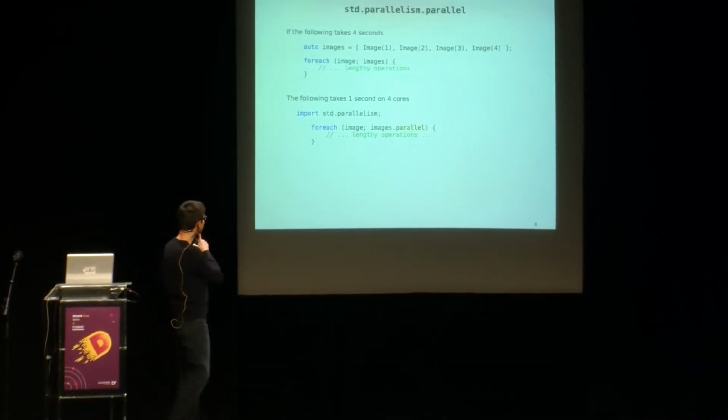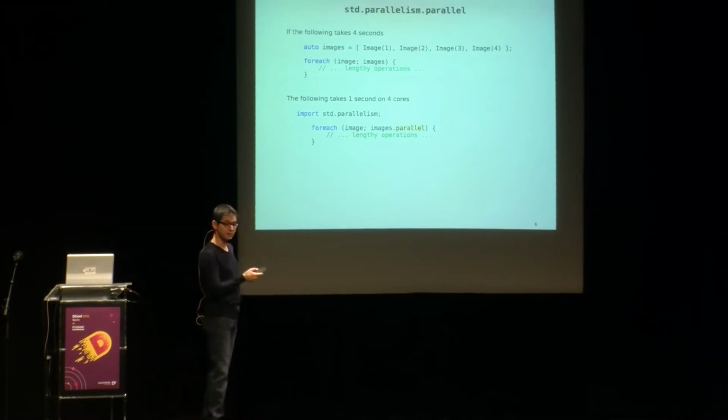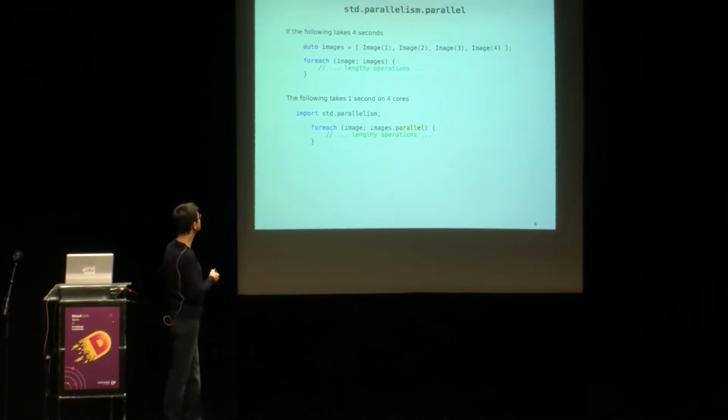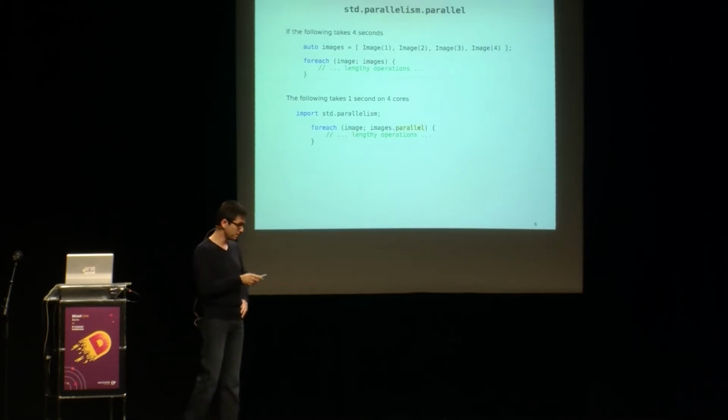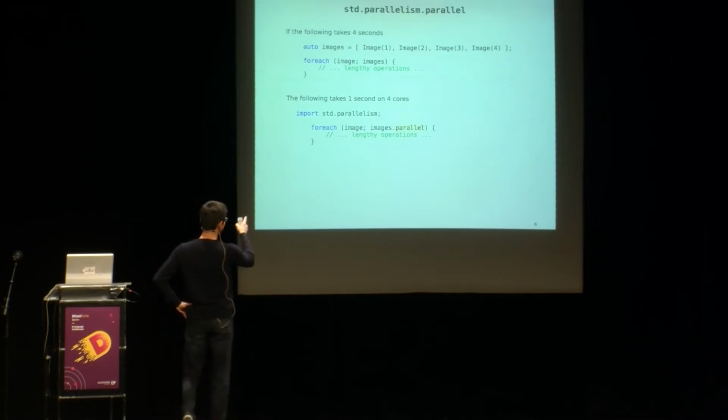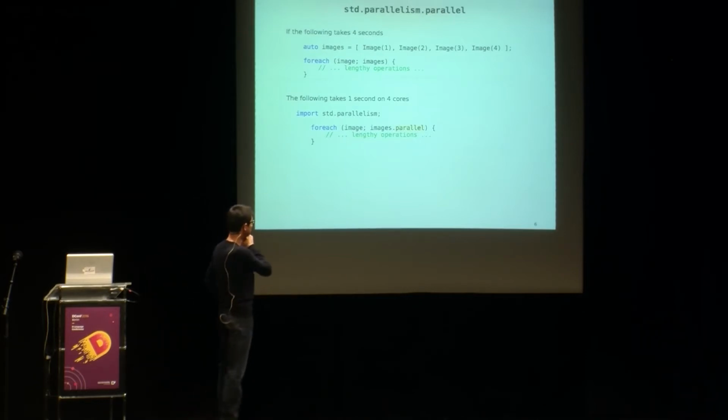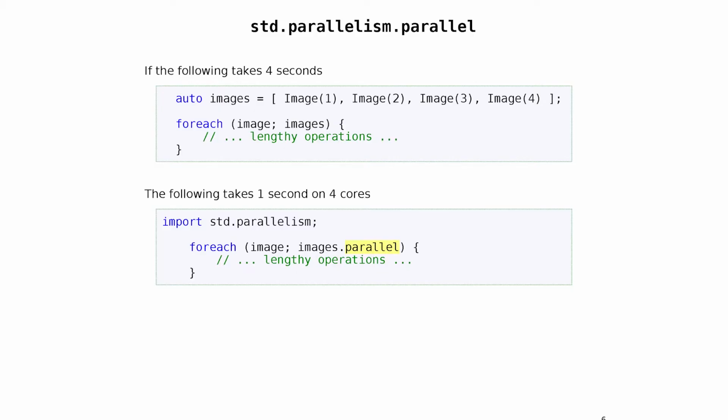For example, let's say you have an array of images, and you want to process these images. They're sitting in an array. You go through them with foreach. Normally, let's say it all takes 4 seconds. And with Phobos's standard parallelism module, you just put dot parallel at the end of the array, and magically everything happens 4 times faster, assuming you have 4 cores.